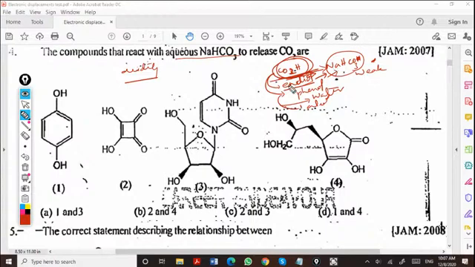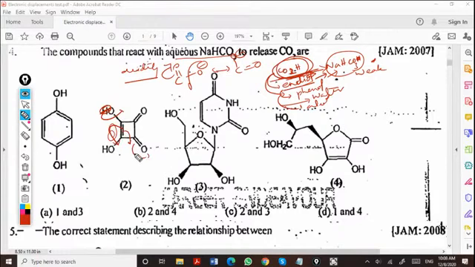Phenols are a little bit less acidic when compared to ene-diols, because once the ene-diol forms its conjugate base, it is more acidic because of the equivalent conjugation, equivalent resonance. The same thing happens if a diol is there. If it liberates H plus, it can become this, or it can move towards this.